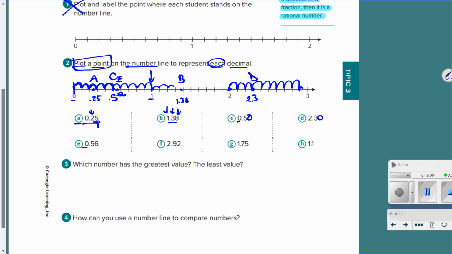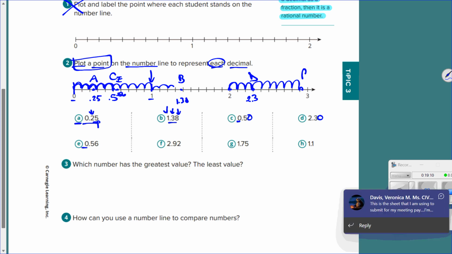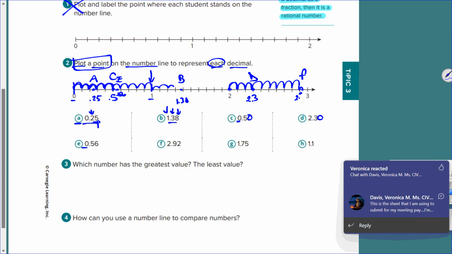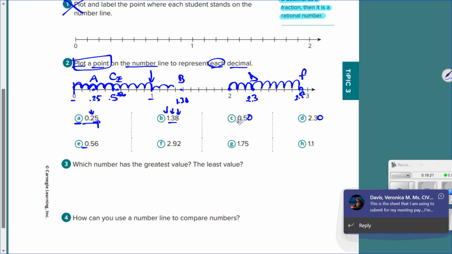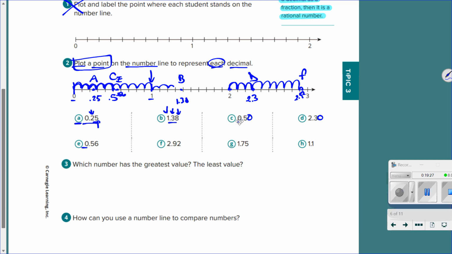I need to go a little further because it's 92, not exactly 90. Okay.